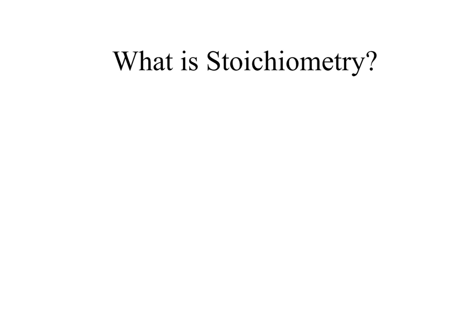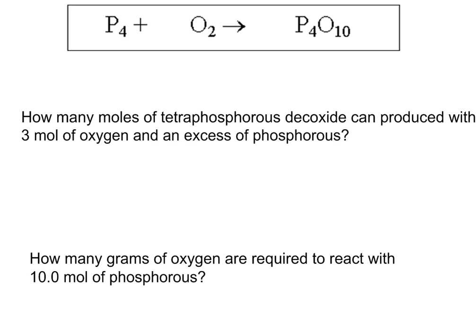So we'll just get right into a couple of examples of this. Similar to a baker, a chemist always has to have a formula or an equation to base their calculations off of. So here we have a reaction between phosphorus and oxygen, and we're producing a compound that contains the two elements. The first thing we need to do is have a balanced equation.